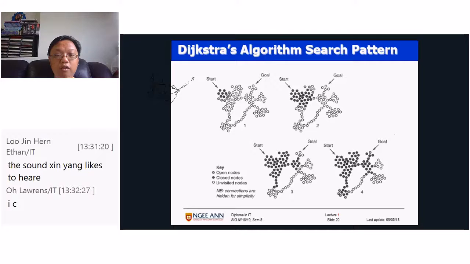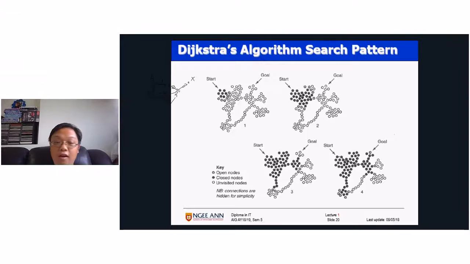So what we're going to do is a very simple heuristic, which is just the direct shortest distance. Instead of saying that the cost so far for B is 7, I want to do cost plus the heuristic. So what is this heuristic?